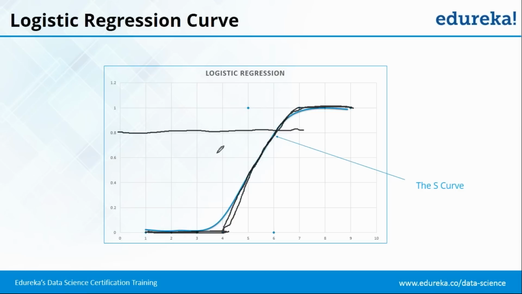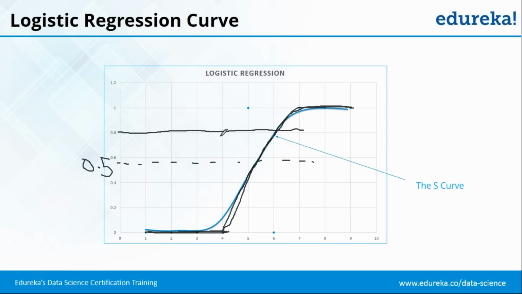Now we have to decide the threshold value, the value above which we will say the team wins. So we define that if my probability comes above 0.5, let's convert it into 1. If my team has a probability of 0.8, it is going to win.